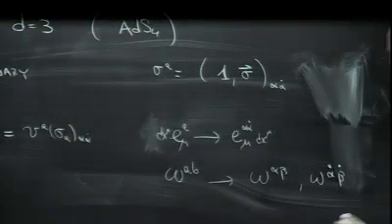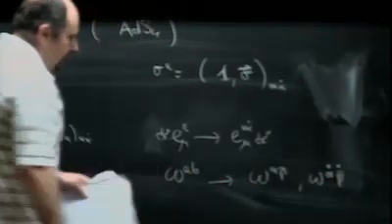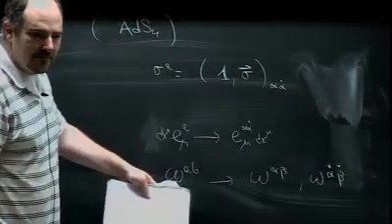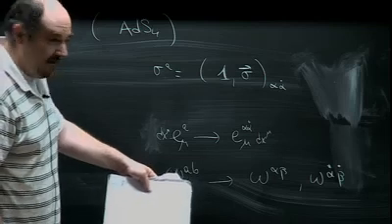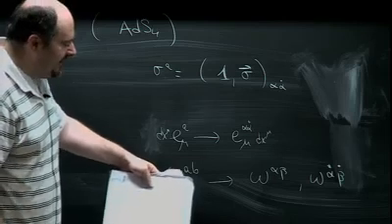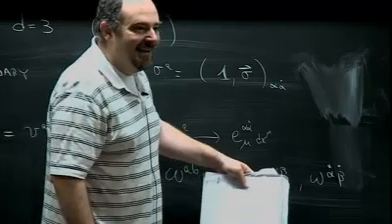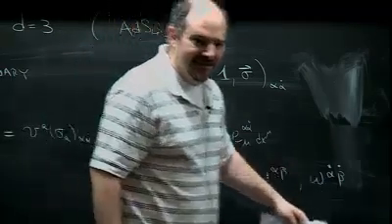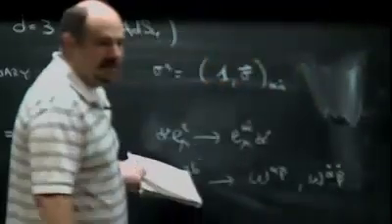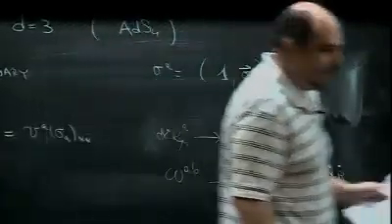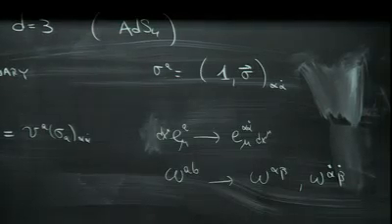Of course, you can count: this one has 6 components, and this one has 3 plus 3. So this is the self-dual and anti-self-dual part of this antisymmetric tensor. That's the usual story.